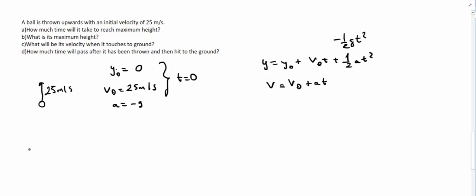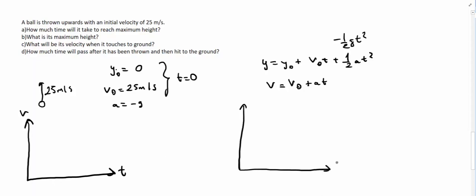So, our graph for velocity and position would be like this. This is for velocity and time, okay, and this is for time and position. So it will start from 0. As you know, it will go up, and as it reaches the peak point, then it will go down.